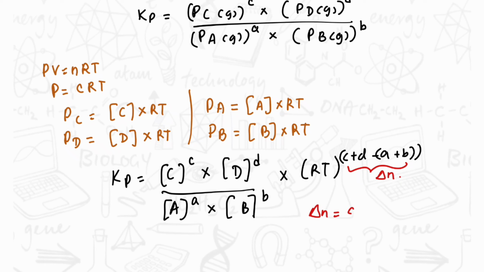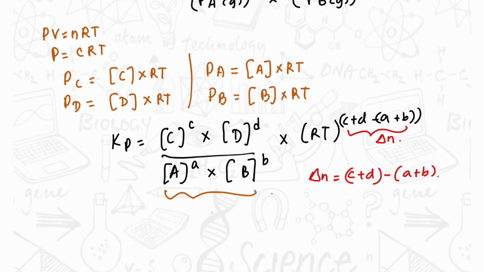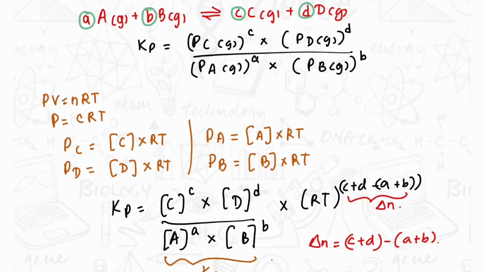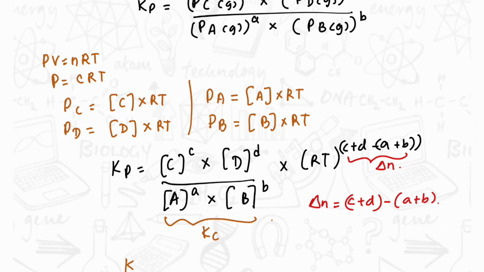Delta n will be equal to C plus D minus A plus B. And instead of this part, which is the Kc expression for the above reaction, we can say that Kp is equal to Kc times RT whole thing to the power delta n.